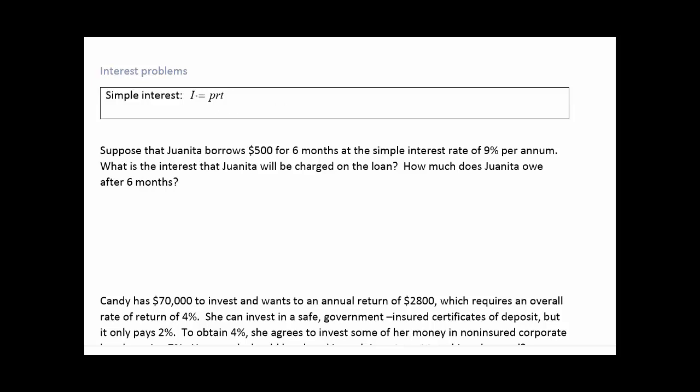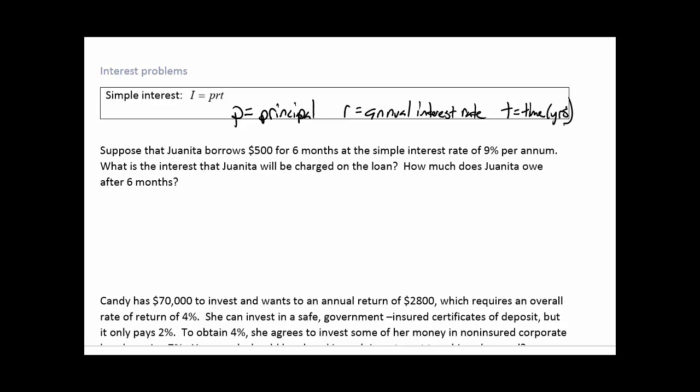So in the formula here we have P, which stands for principal, and that's the amount that we borrow in a loan. We have R, which stands for annual interest rate. So what percent of the money do we get each year on this? And time, or T, I'm sorry, stands for time in terms of years.